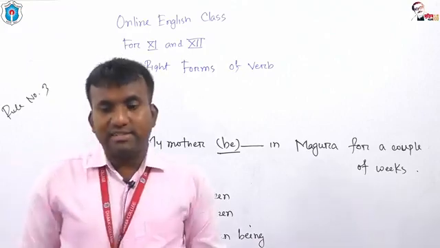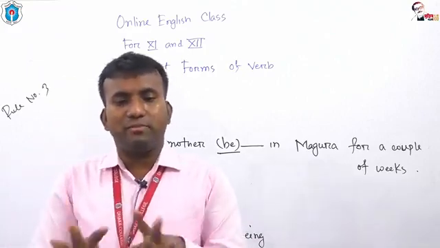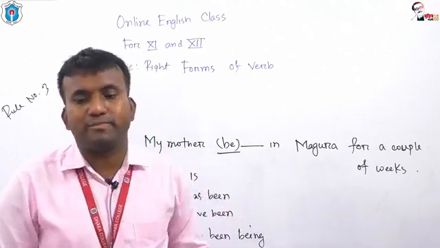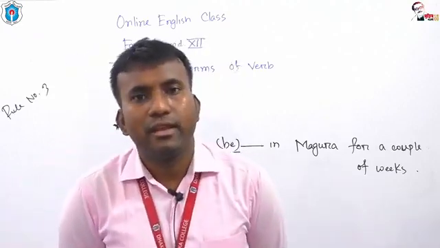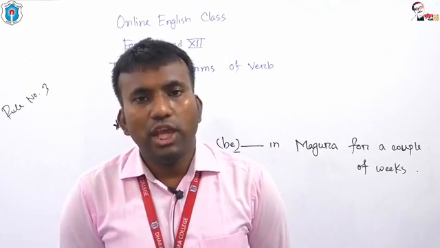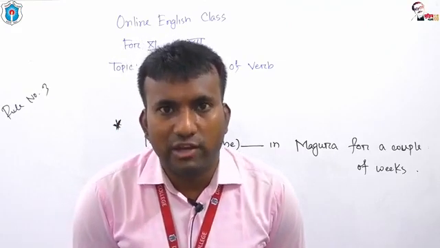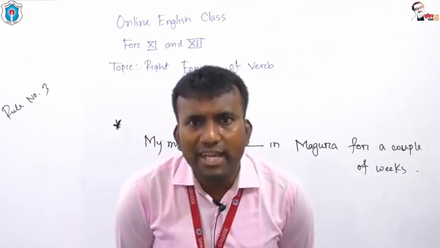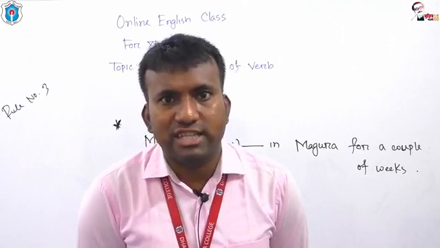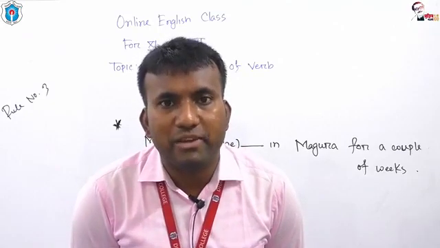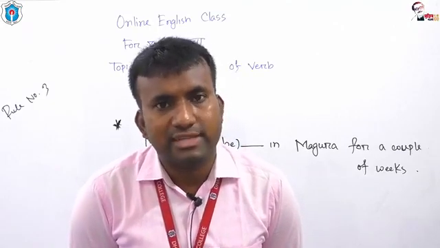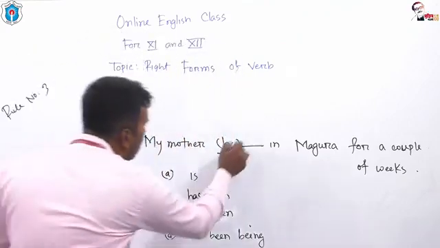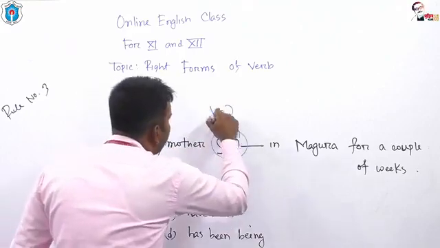Okay, my dear students, some of the students have not understood me yet regarding this tool. I am going to explain. Suppose you have been told to use present perfect continuous tense. But while you are going to create present perfect continuous tense in a sentence, you have got be verb as the main verb.